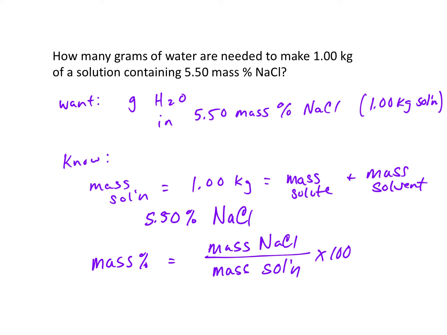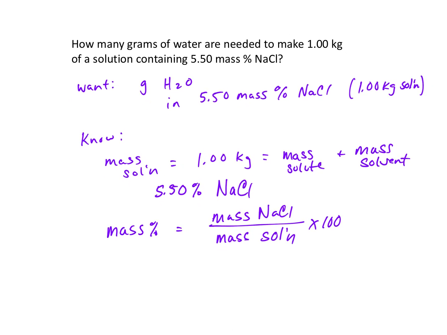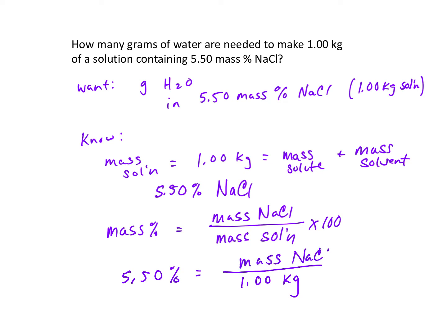So now we can start plugging some values into our equation here. We know our mass percent, that's 5.50. We know the mass of the solution, that's 1 kilogram. So we can solve for the mass of the sodium chloride.